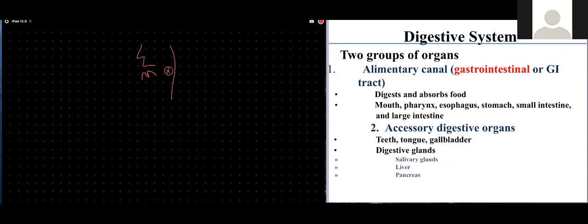Can you remind me, what did we call this part of the pharynx located posterior to the oral cavity?